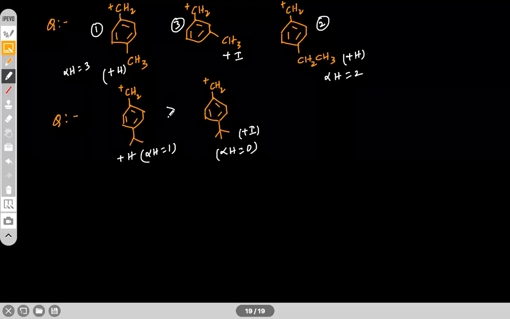Hence this one is more stable than the second one. Is it clear? Any doubt? Try this one.